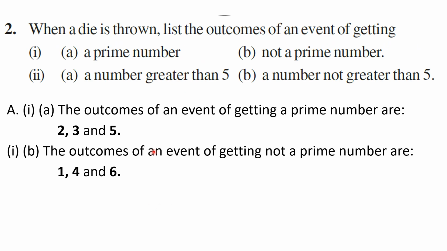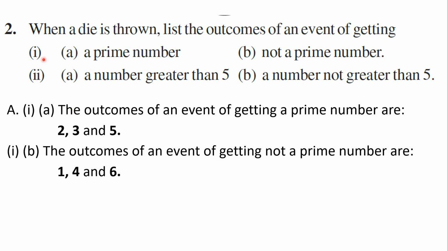Question number 2. When a die is thrown, list the outcomes of an event of getting part 1, A and B, part 2, A and B. First of all, we must know that a die has got 6 faces and each face has got one number, and these numbers are from 1 to 6.